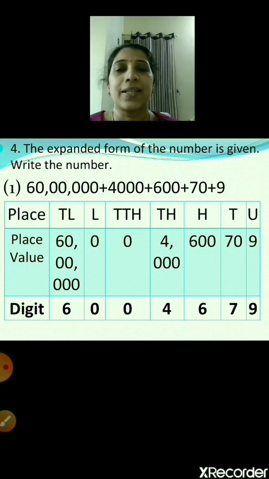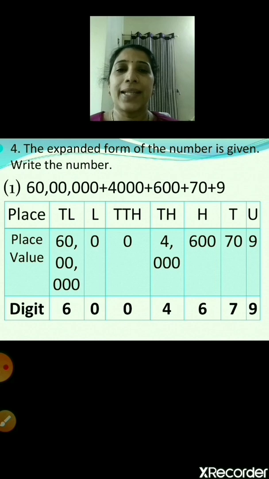Next is 70, which comes under tens. Then the next number is 9, in the units place, so we write 9 below the units place.